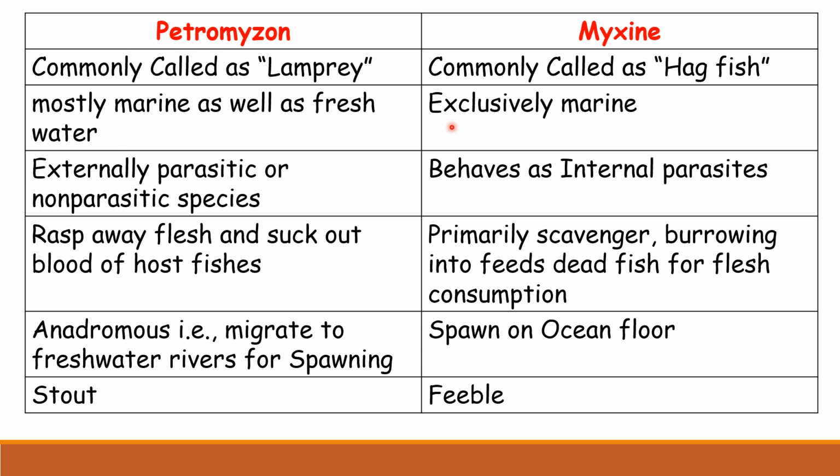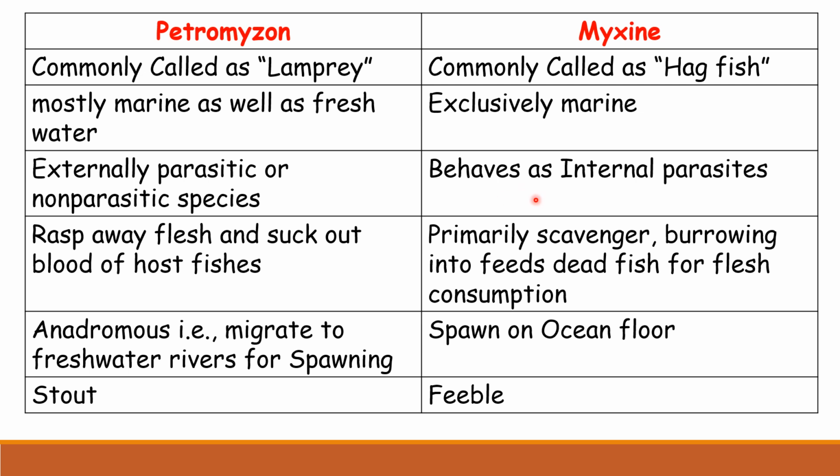On the other hand, Myxine or hagfishes are exclusively marine in nature. Lampreys act as external parasites or ectoparasites, while some belong to non-parasitic species, which are free living.